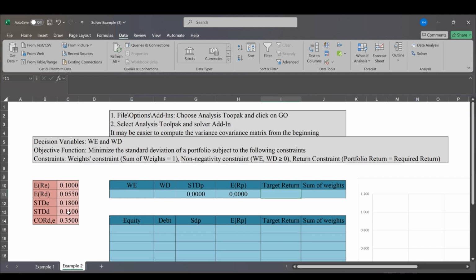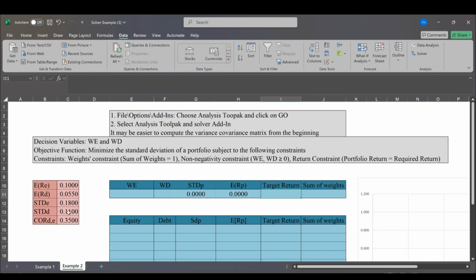Now, in reality, I can get to lower returns or higher returns if short selling was allowed. If I'm able to allocate, let's say, negative 25% to debt and 125% to equity, I'm going to have a portfolio return that's higher than 10%.